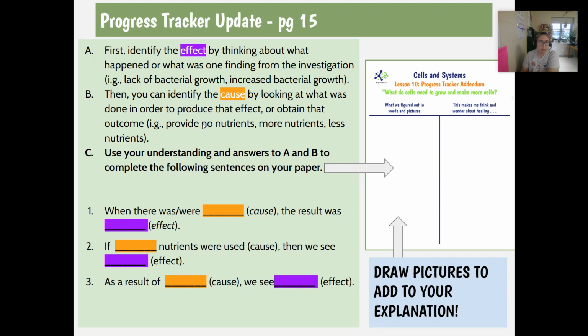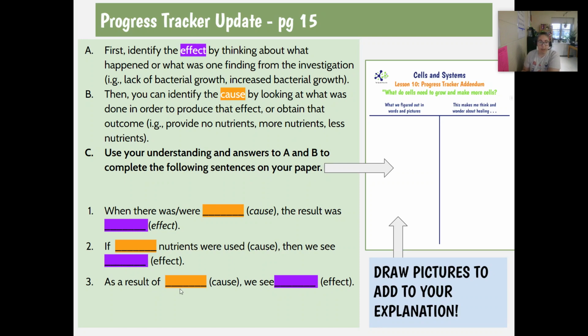Okay, think about those two things and then see if you can fill in all three of these sentences. When there was blank, that's the cause, the result was, tell me what happened. If blank nutrients were used, more or less the same, then we would see, tell me what would happen to the amount of bacteria.